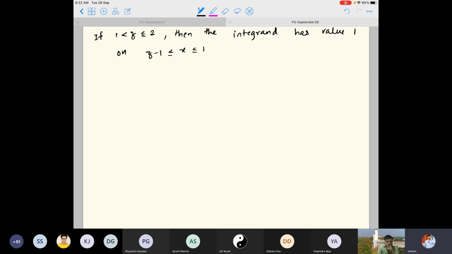Is that okay? So f of x plus y at z is basically now the integral between z minus 1 to 1. Correct? Sorry, this will be equal to 2 minus z, right? This will be equal to 2 minus z for 1 less than z less than or equal to 2.